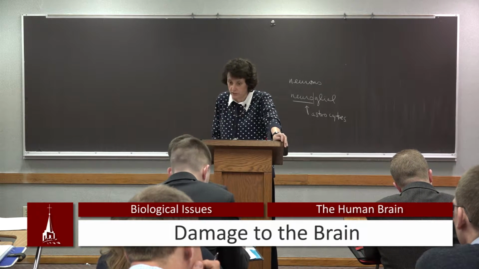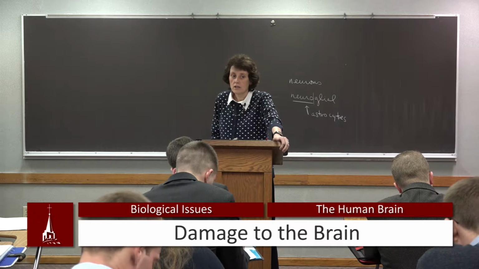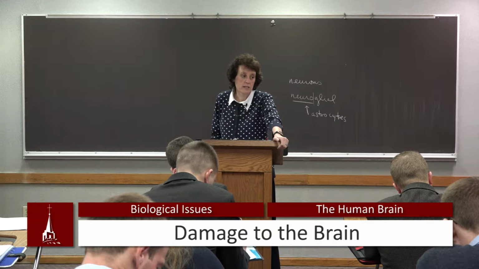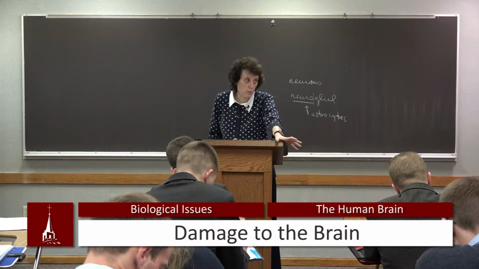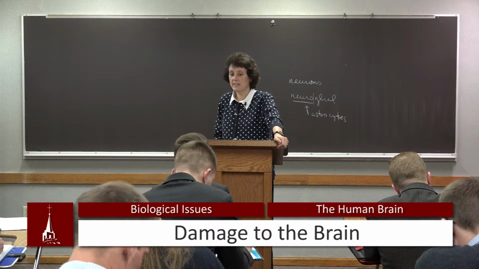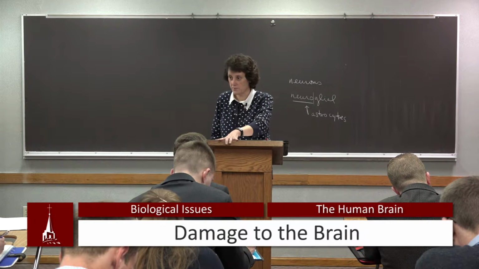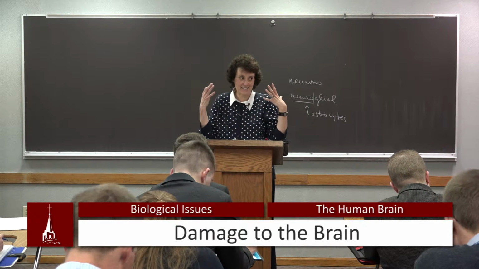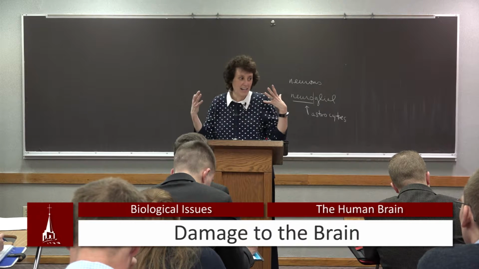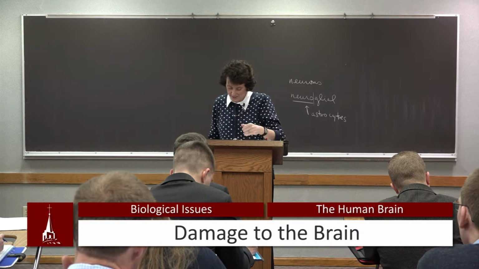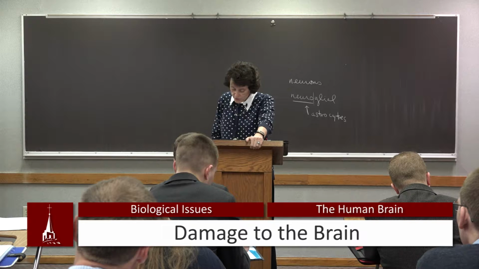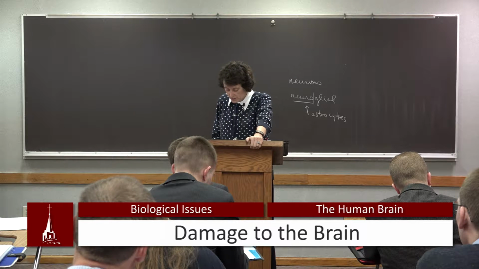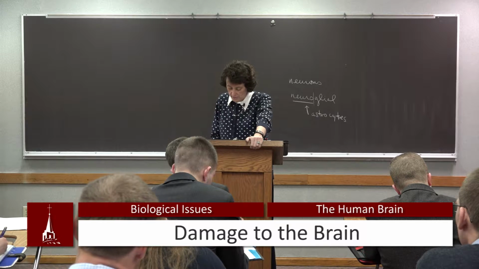Communication skills. They may lose the ability to choose correct words. They may lose the ability to speak the words they want to speak, even though they can, I guess, hear them in their mind. They can choose them in their mind and they can't speak them. They will also have trouble with communication, both written and so on.